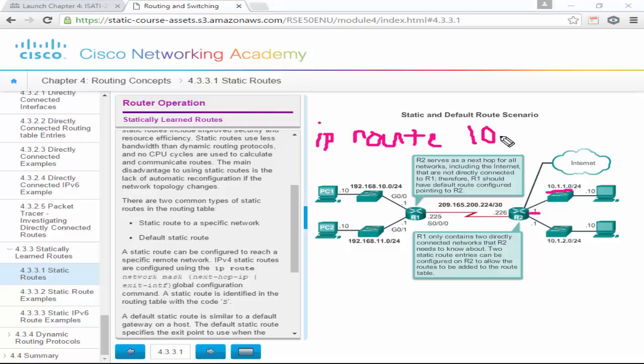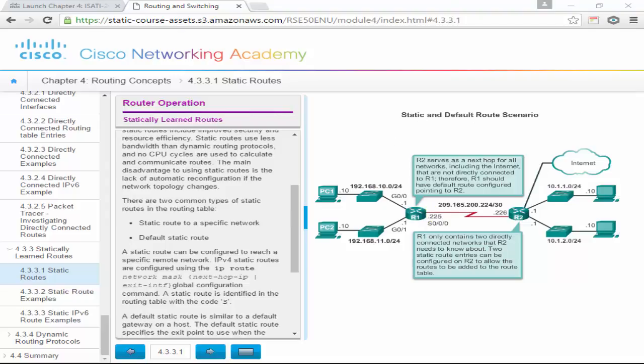So 10.1.1.0, 255.255.255.0, and then we either put the next hop, right? In this case, R1 would be that 2226, the next hop right there, or we put the exit interface of there, or we put them both in there.